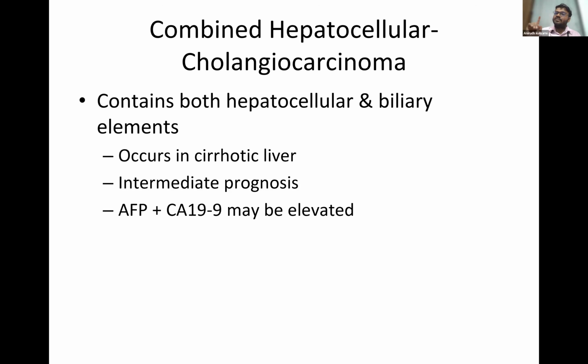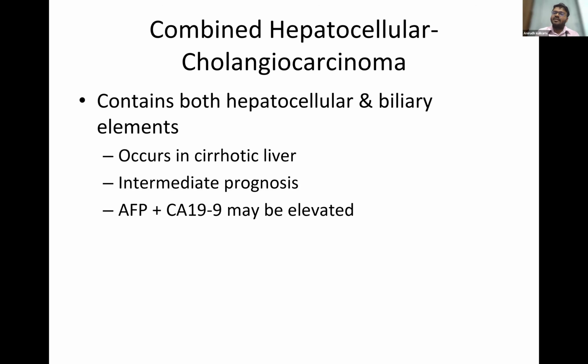Hepatocellular carcinoma will show washout, but cholangiocarcinoma will show filling in. Now, if both of them are there, there is early arterial hyperenhancement. It should have shown washout, but it is not showing washout, it is showing centripetal filling in. That time we can consider combined hepatocellular cholangiocarcinoma.